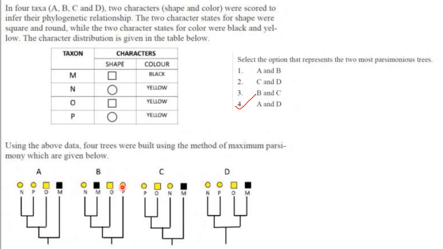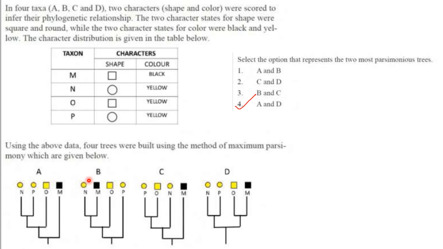If you see B, first there is a change in shape, then a change in color, then again a change in shape. So totally 3 changes.